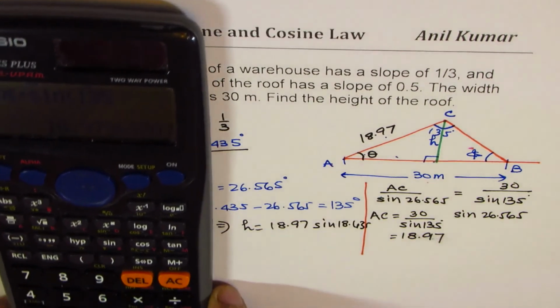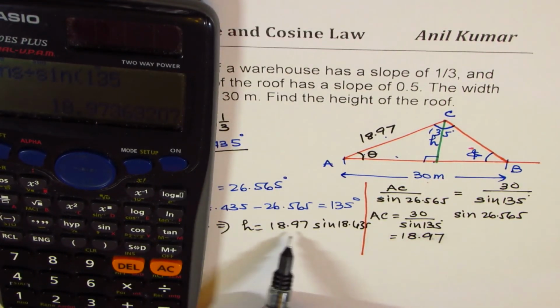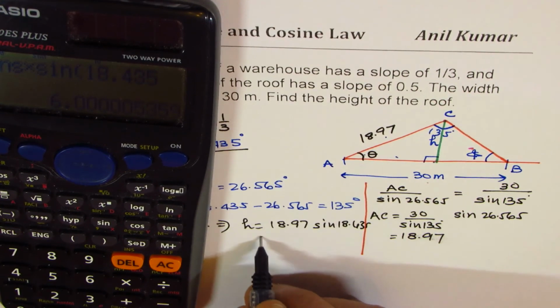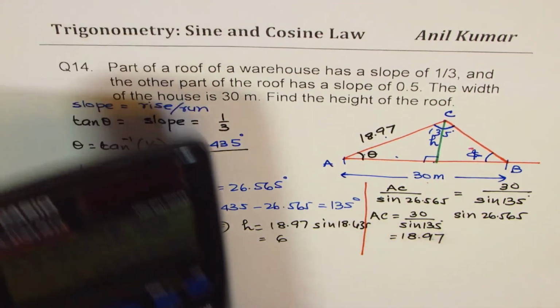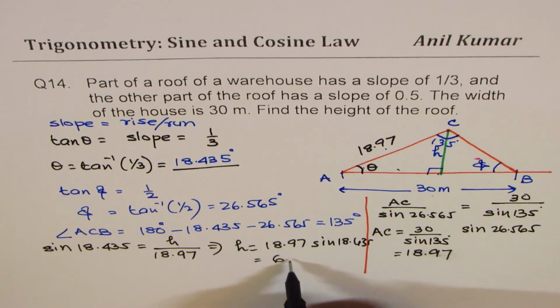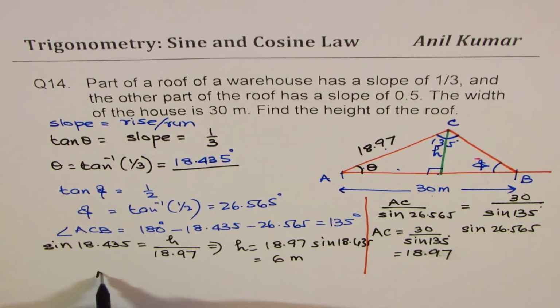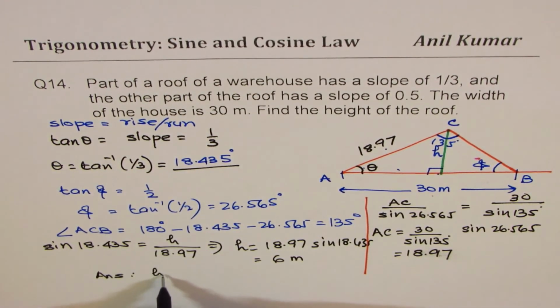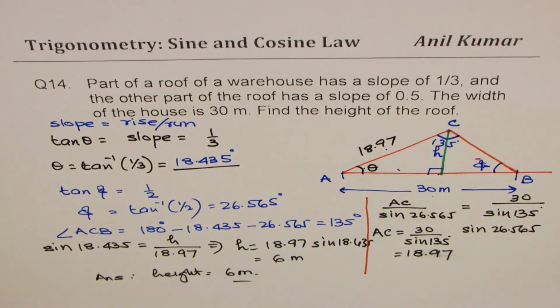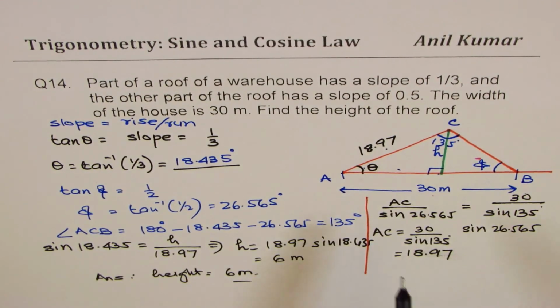So let's calculate this. We already have 18.97. We'll multiply by sine of 18.435. So that gives you a height of 6 units. So we get height of 6 and the units are meters. So our answer is height equals 6 meters.